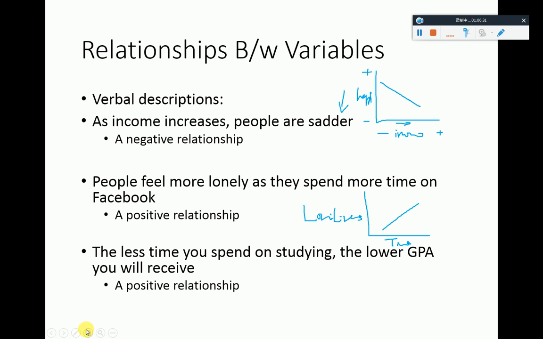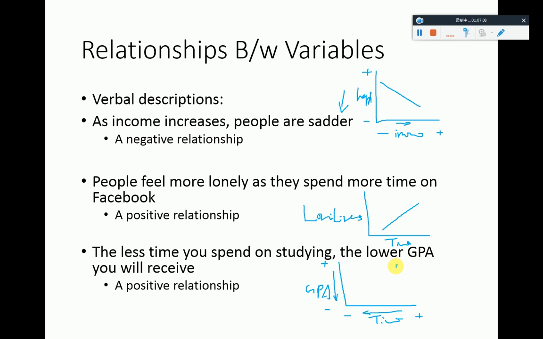Well, because if we plot it, this is time, this is GPA, right? The claim says, let's say this less time, this more time, this low GPA, this high GPA. The sentence says, if you spend less time on studying, you will have lower GPA.